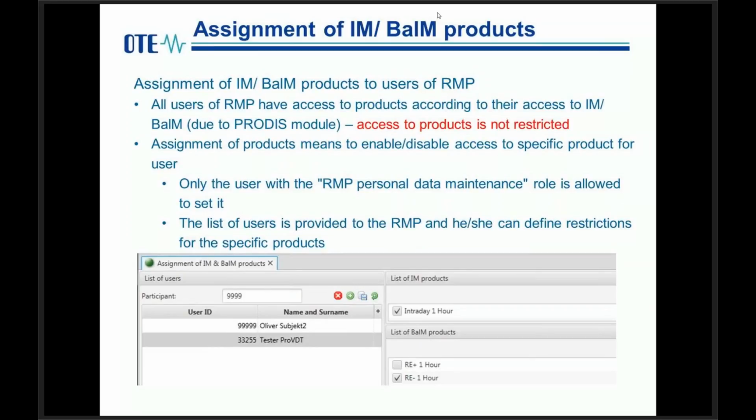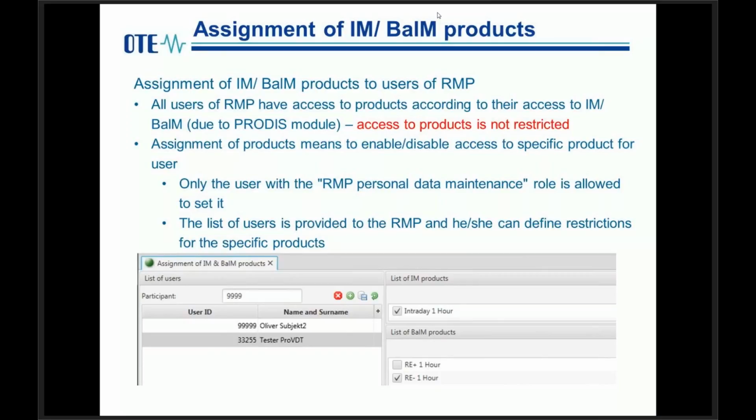Another setting or option which is available in the new application for intraday and balancing markets is the assignment of products. As I mentioned a while ago, the basic access for trading on individual markets is governed by access rights defined in the produce module. When a participant has got the access rights for either the two markets or one of them only, he is not restrained in the access to contracts which are comprised in this kind of market.